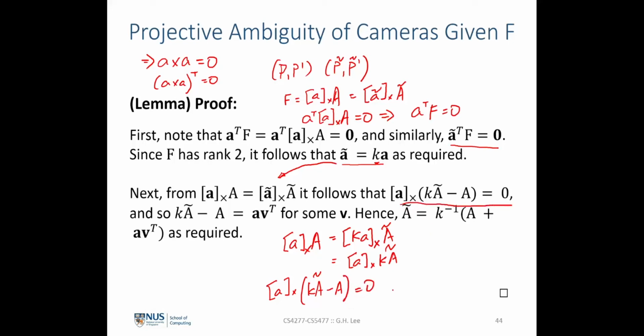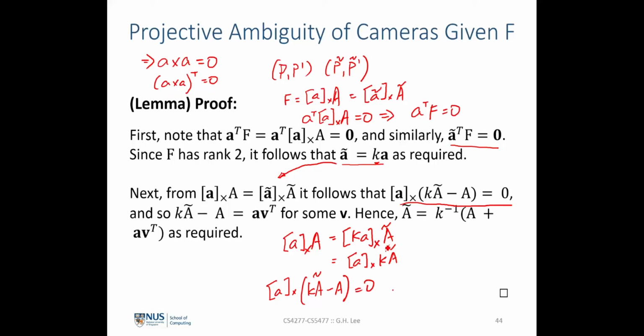Once we have this relation, it tells us that the cross product of a with this 3 by 3 matrix has to be equal to 0. And according to the definition that we have seen earlier on, if we take the cross product of any vector by itself, it's always going to be equal to 0.